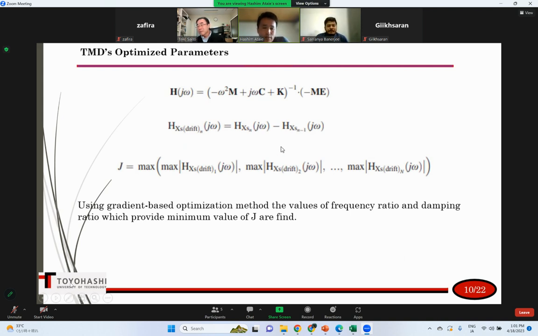interstory drift, because they say that the interstory drift is very related to the damage of the building. So it is better that the TMD parameters be optimized based on the interstory drift displacement.